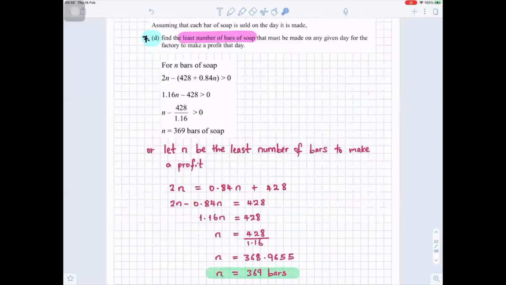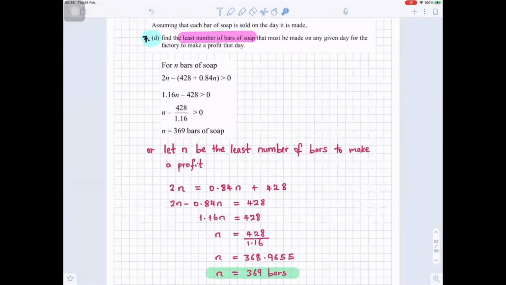Or we can say, let n be the least number of bars to make a profit. So 2n is equal to 0.84n plus 428. We want to solve it for n. So we'll take to the left-hand side. So it becomes 2 minus 0.84 is 1.16, n is equals to 428. Divide by 1.16, n is equals to 428 divided by 1.16.